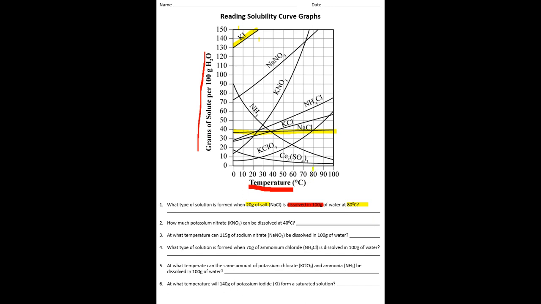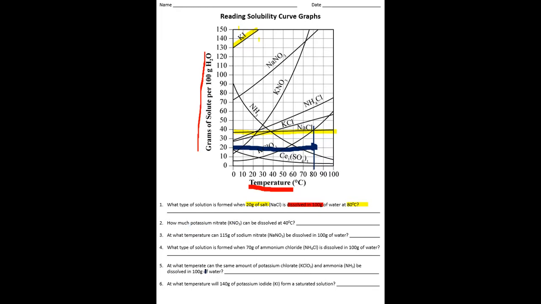So we're going to take our 80 degrees Celsius and our 20 grams, and we're going to find that point right there. That point is under the line, so that would be an unsaturated solution. So you would just write unsaturated solution along that line.